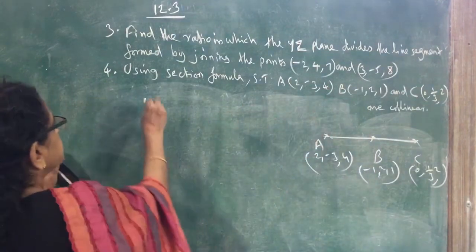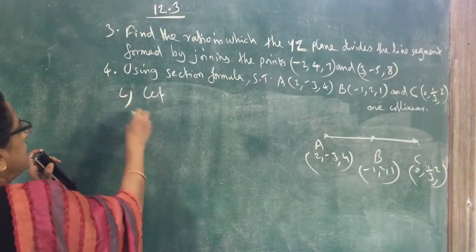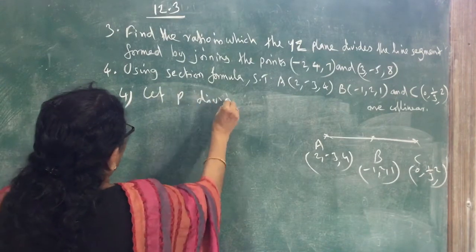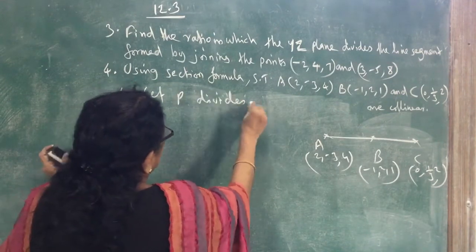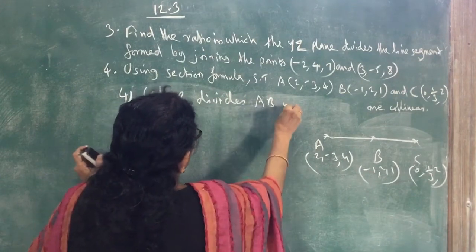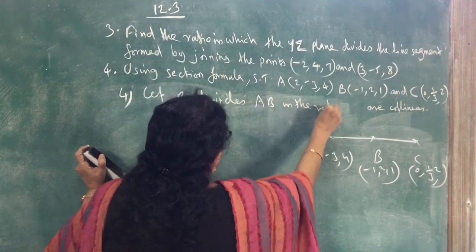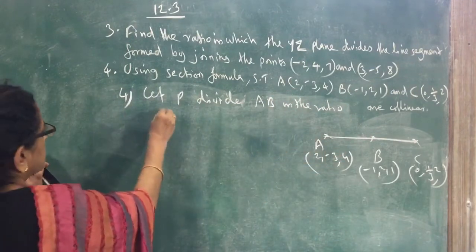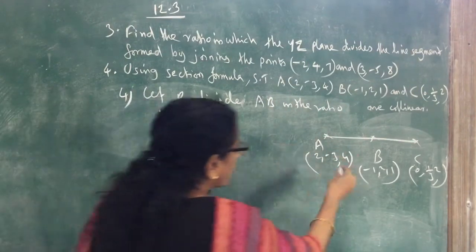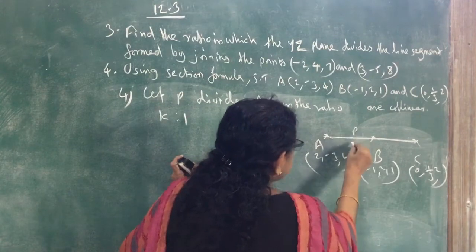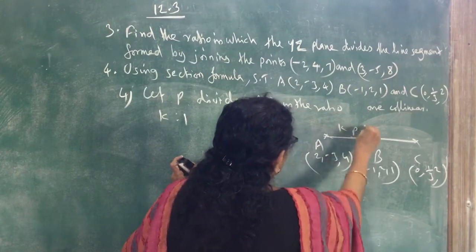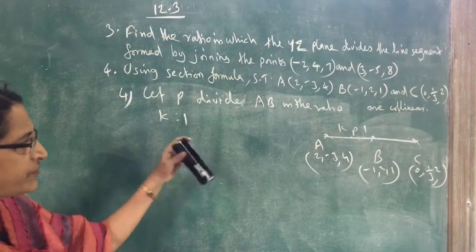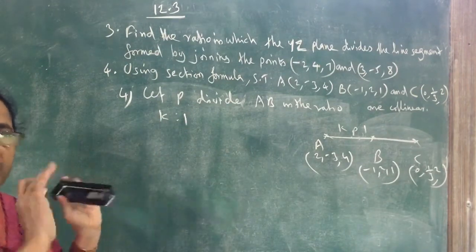So let P divide AB in the ratio k is to 1. We are going to find the coordinates of P, all three coordinates.